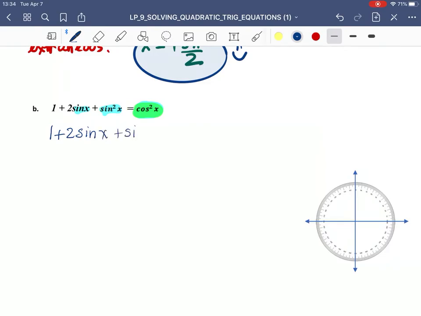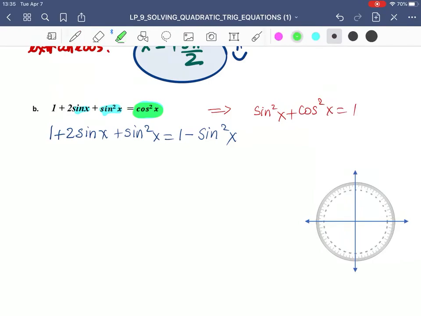And I'm going to leave the left side for now as is. And cos squared x is 1 minus sine squared x. Remember the formula that we're using in here? The Pythagorean identity is sine squared x plus cos squared x equals 1. And that's where we get the cos squared equal to 1 minus sine squared.